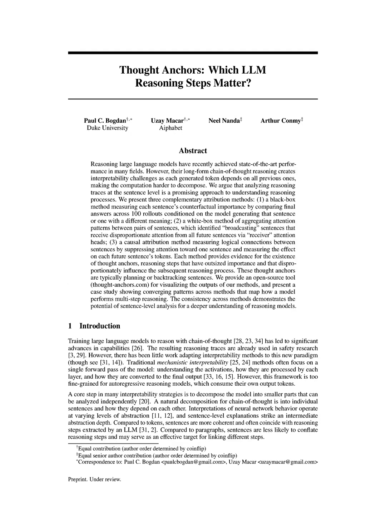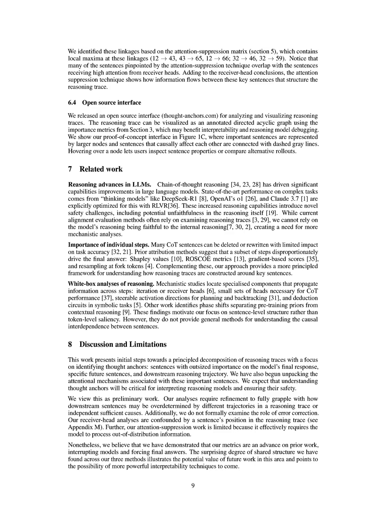Additionally, our findings indicate that high-level organizational sentences, such as those involved in planning and uncertainty management, play a pivotal role in guiding the reasoning trajectory, which is often missed by traditional methods. Overall, our approach not only advances the interpretability of reasoning models, but also opens avenues for more effective safety evaluations and enhancements in model performance.